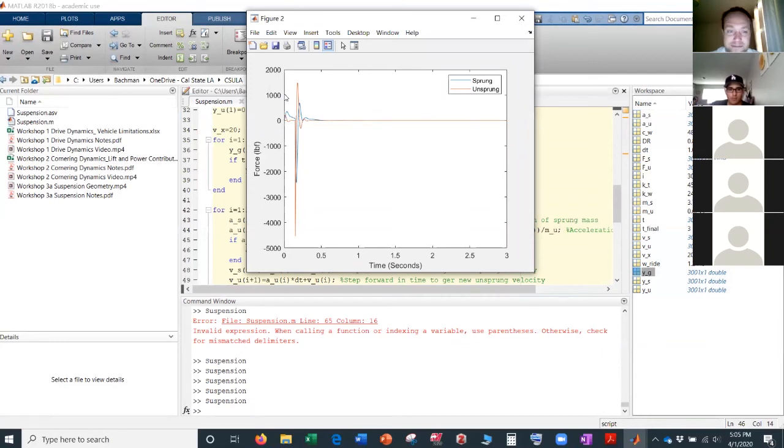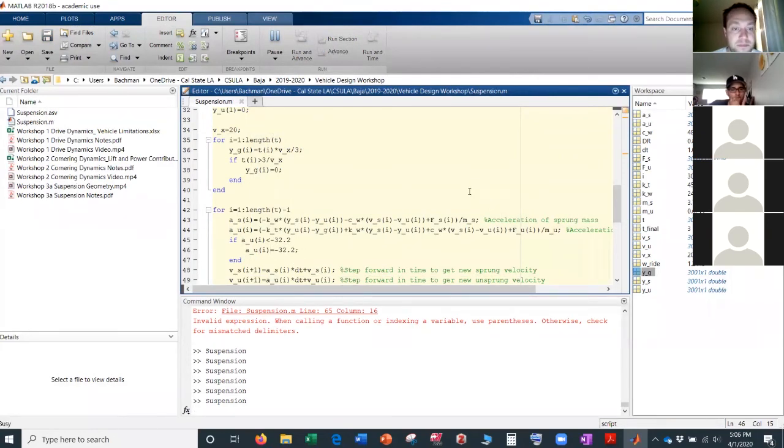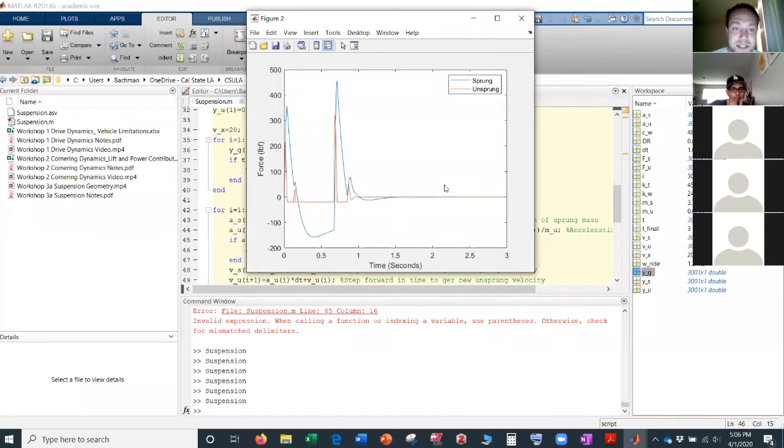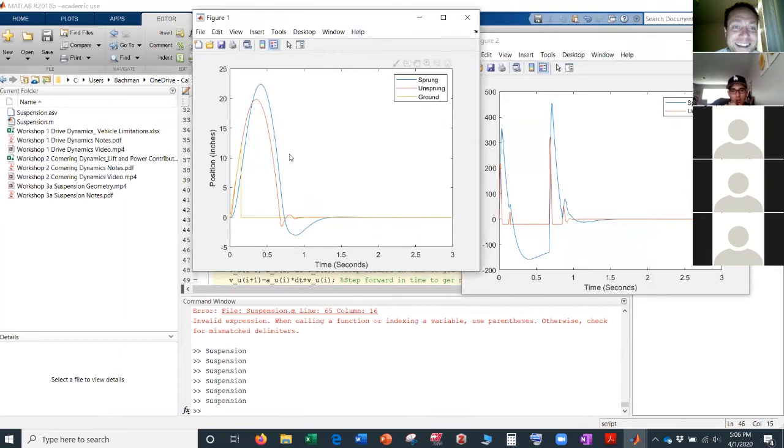That didn't change it much. Oh, maybe I didn't have an I. Interesting. This looks like it's bouncing off the ground. Okay, so here you see it goes off the jump, and the unsprung mass goes up for a little bit.